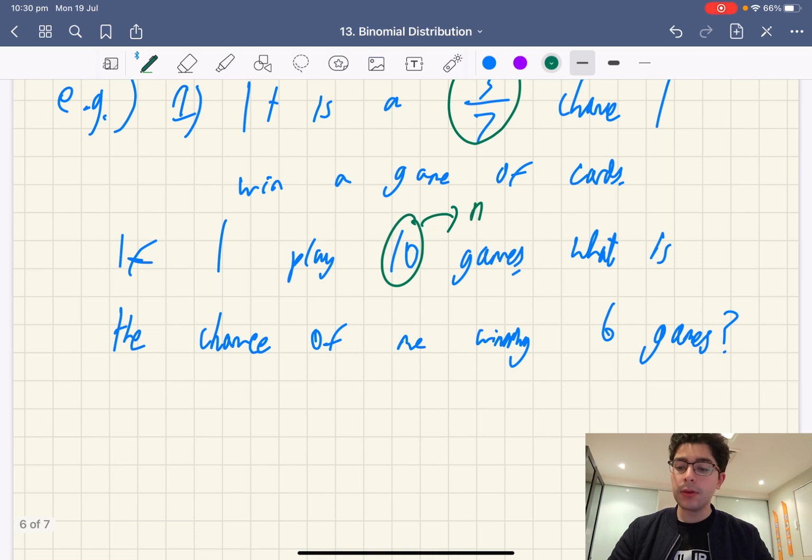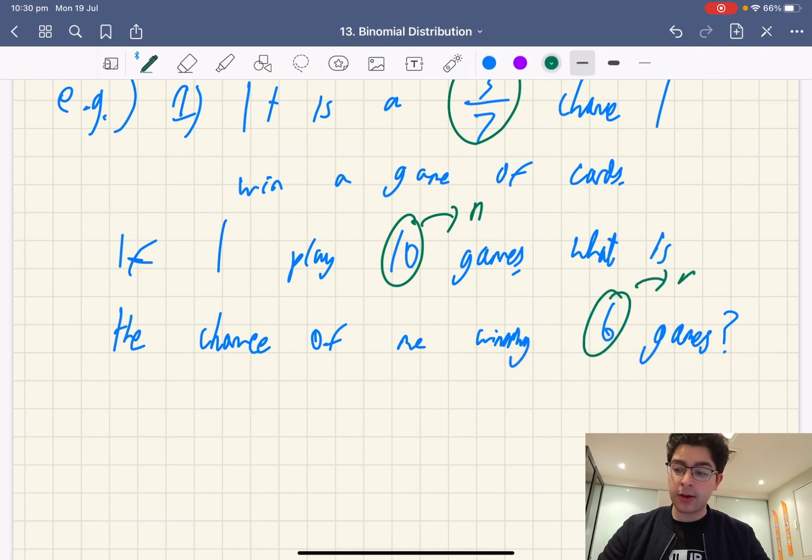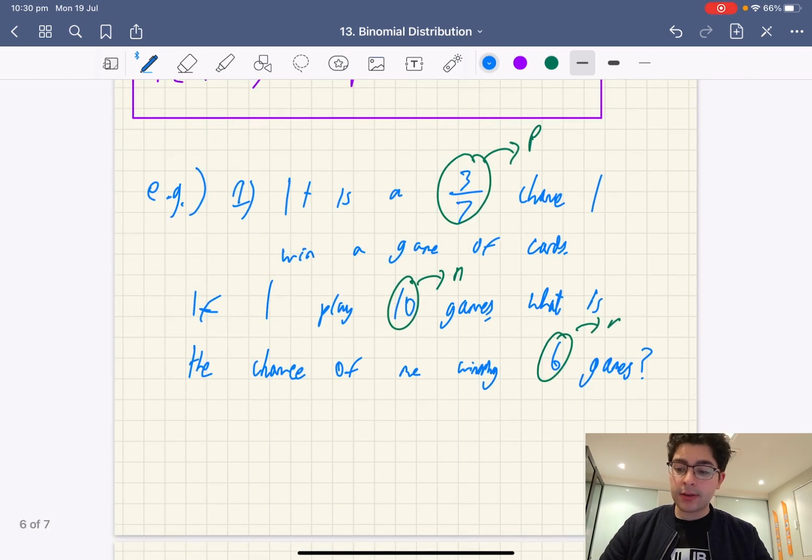Now, how many successes are happening? As we can see here, the number of successes is 6, so we put that in as r. Ultimately, we can say that we have a binomial distribution. We can say that x is distributed binomially.